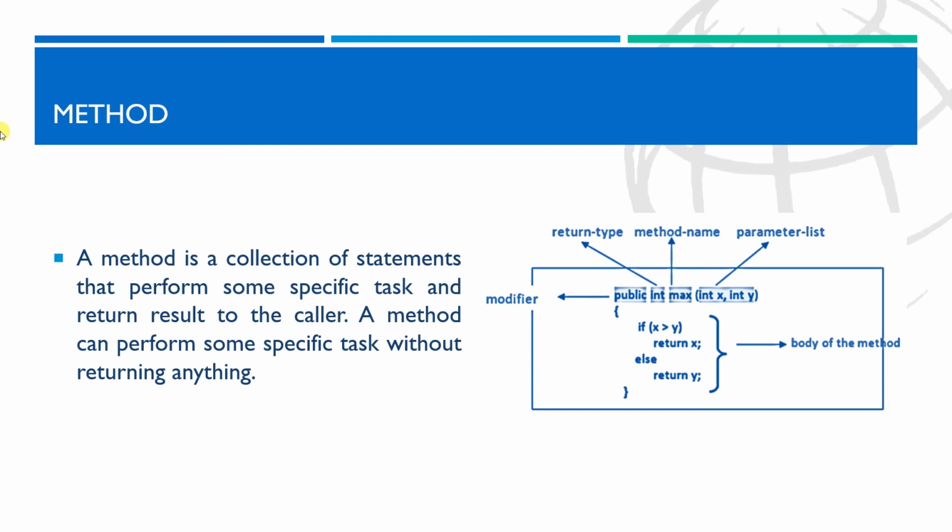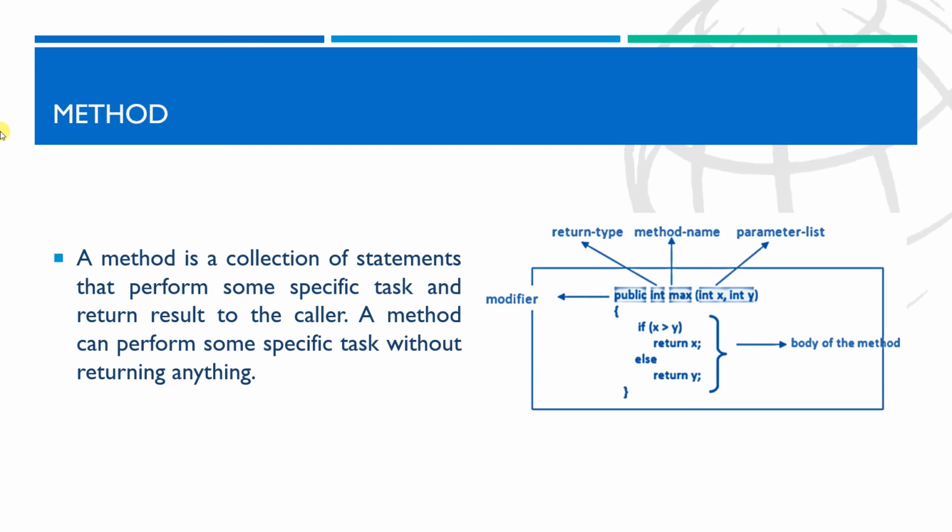The next component in the method declaration is the method name. The rules for field names apply to method names as well, but the convention is a little different. You use camel case notation for this.